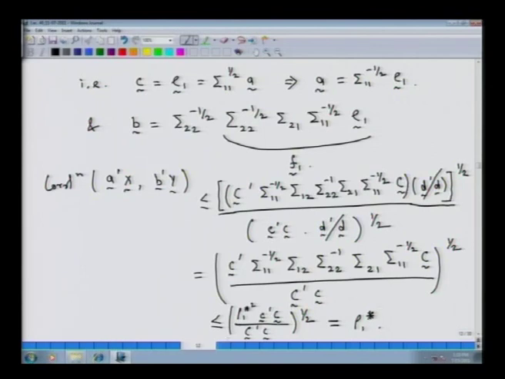So, rho 1 star is going to be attained if we choose A equal to this and B equal to this particular term, right. Let us finish that.